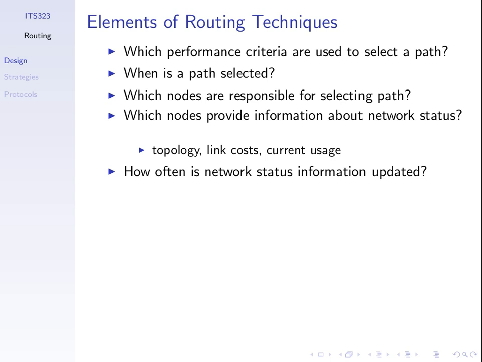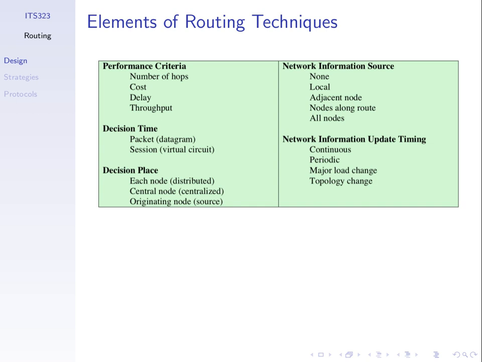Over time, the usage of a link may change. That information needs to be known to all of the nodes in the network to calculate the best path. Who provides that information? Where do we get it? And how often do we update it? Some answers to those questions are listed here. We'll talk about some of them and use some examples.